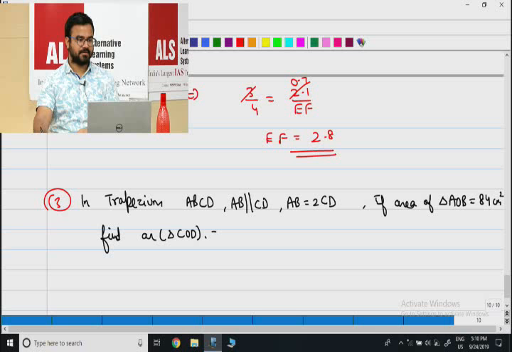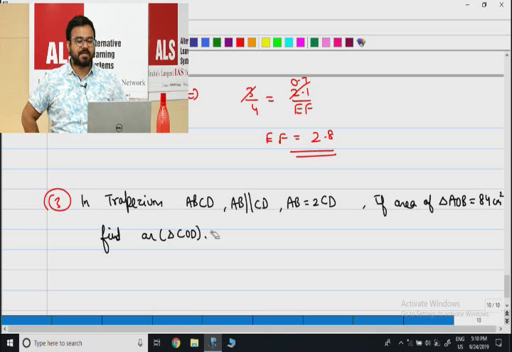Do this one. Trapezium ABCD, AB parallel to CD, AB is twice of CD, AOB area is given, COD area you have to find.